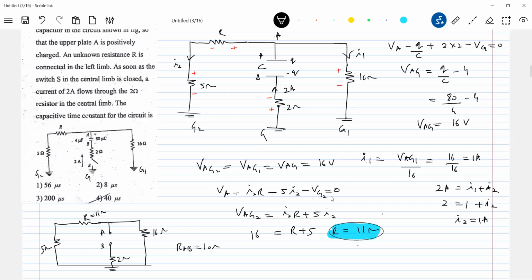Shall I write directly? These two are in series. R plus 5, 11 plus 5, 16. 16, 16 parallel, 8 ohm. 8 ohm in series with 2 ohm will be the RAB. I'll draw one more circuit.